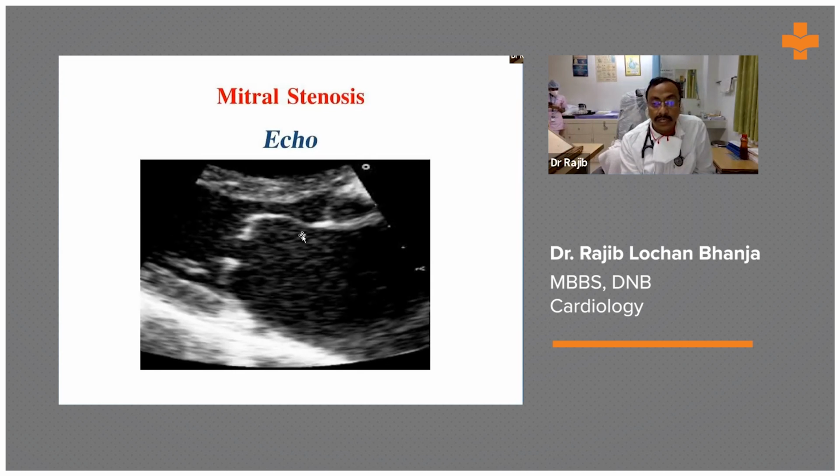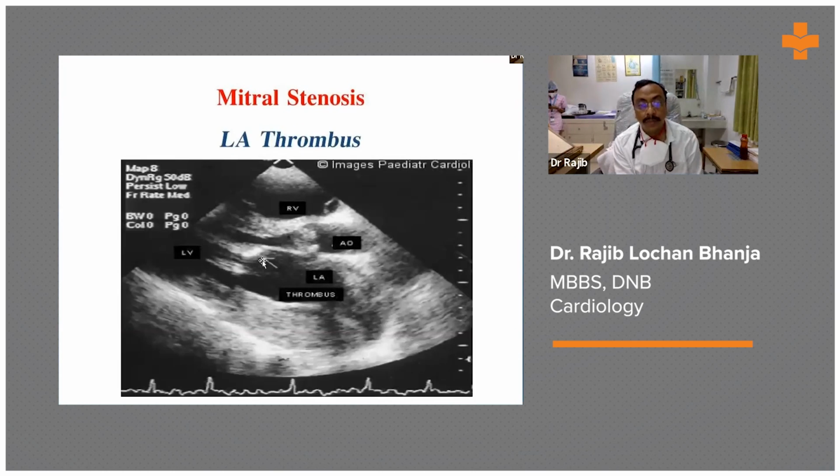Even in some mild to moderate cases, if you get severe pulmonary pressure, then the indication of treatment will be different. So the classical or gold standard diagnosis is echocardiography, and from there you can know everything.